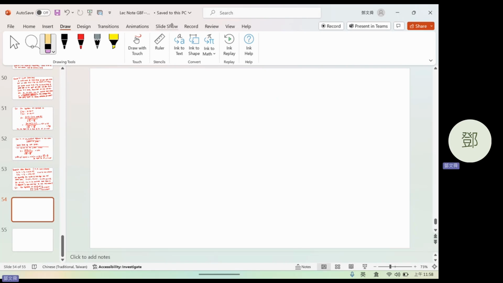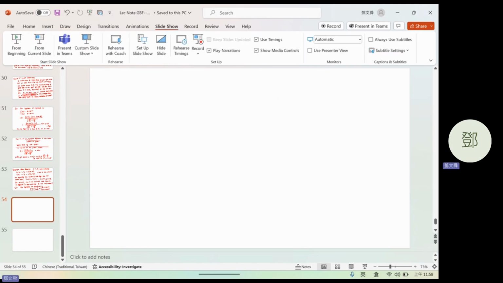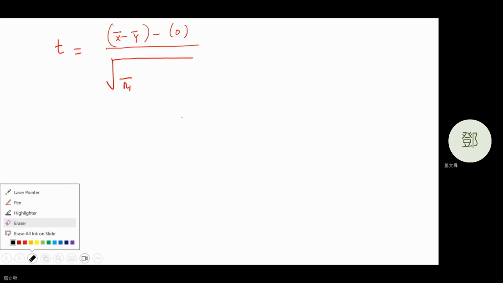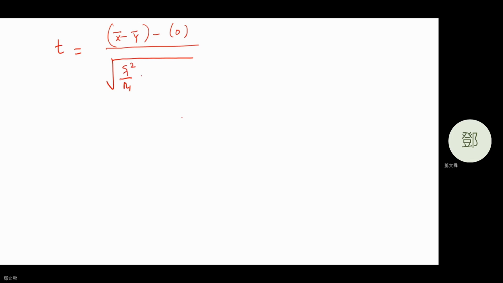And this time it is t. This time t equals x bar minus y bar, minus 0 under the null hypothesis, divided by the square root of s1 squared over n1 plus s2 squared over n2.